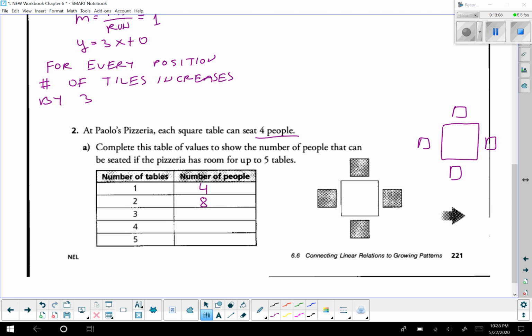And hopefully you can see the pattern that if I have 3 tables, it's going to be 4 more people that I can seat, so 12. So you can see that it's increasing by 4 every time I add a table. So that means for the next one, it's going to be 12 plus 4, which is 16. And next one, 16 plus 4, which is 20. So this is how my projections are going to be for the number of people that can be seated at this pizzeria. All right, so we've created a table of values.